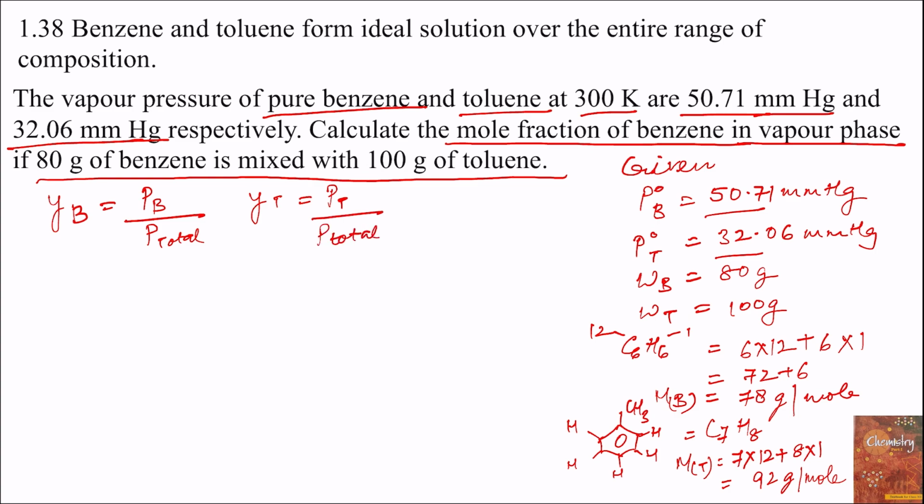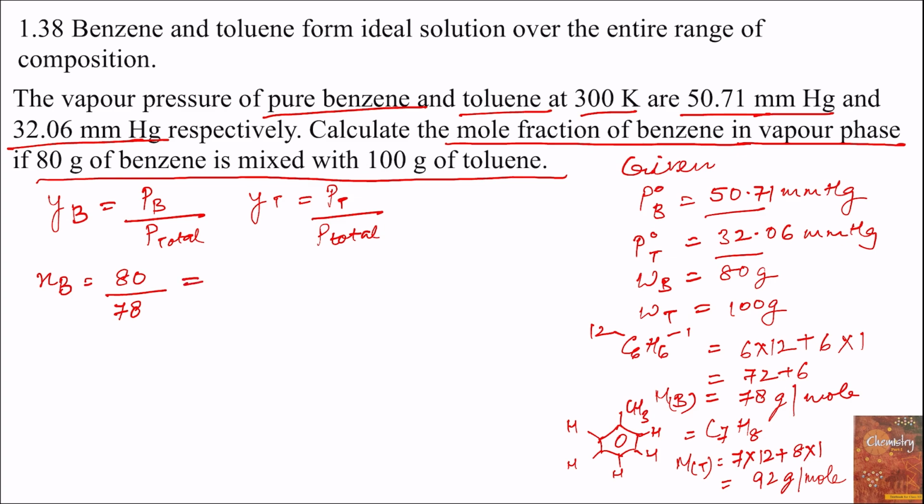For total vapor pressure, you need to find out the mole fraction of benzene and toluene in the solution, and for that, moles of benzene is equal to weight of benzene divided by molecular weight of benzene. Molecular weight of benzene is 78. So 80 divided by 78. 80 is the weight of benzene, 78 is the molecular weight of benzene.